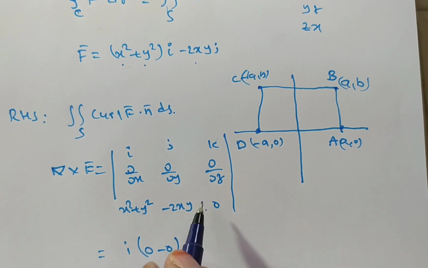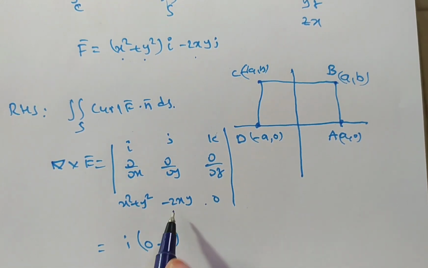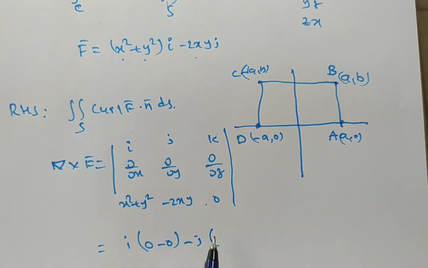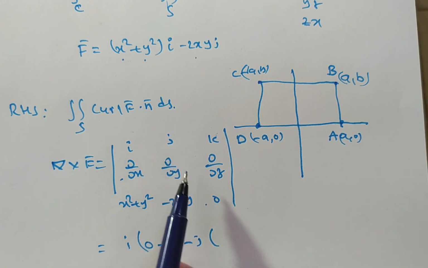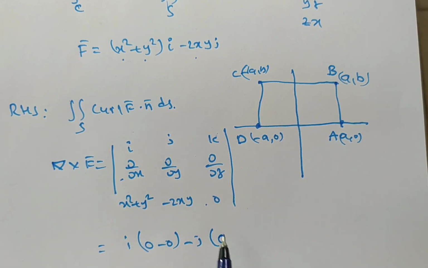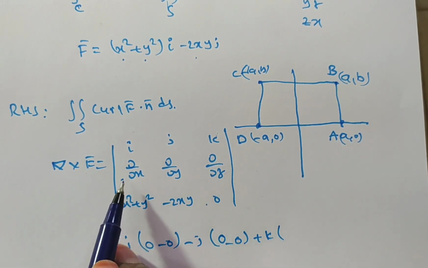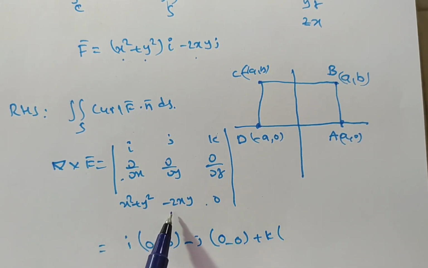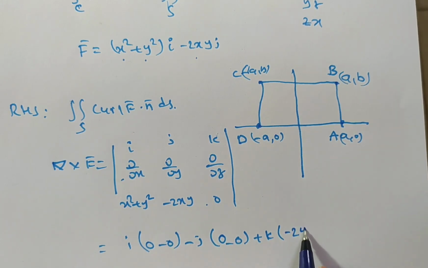That is why the partial derivative with respect to z of minus 2xy is 0, minus j times: with respect to x, here also 0, and with respect to z, 0, plus k times: with respect to x of minus 2xy. This is a function of x and y, so minus 2y is constant, the x derivative is 1, so minus 2y.